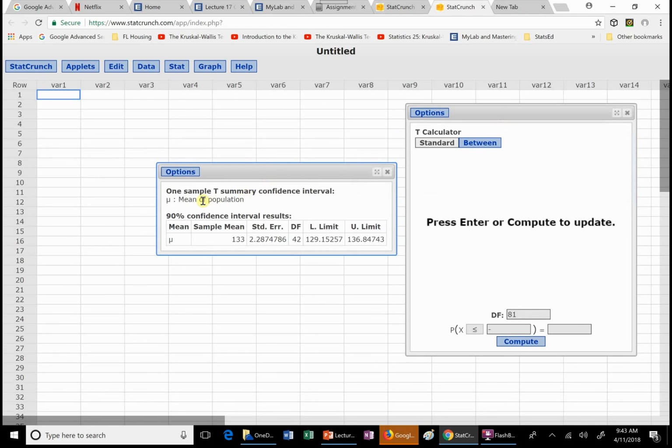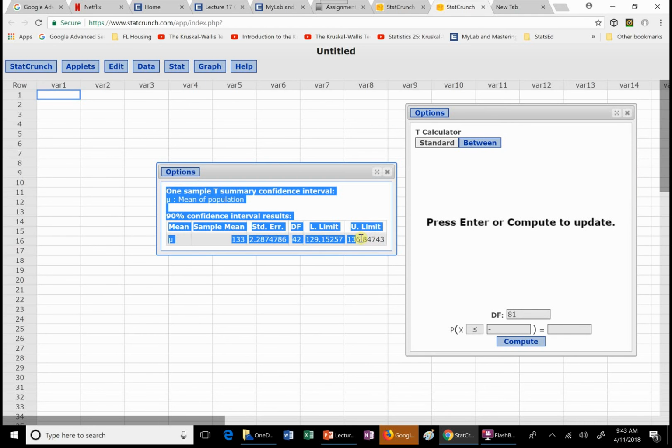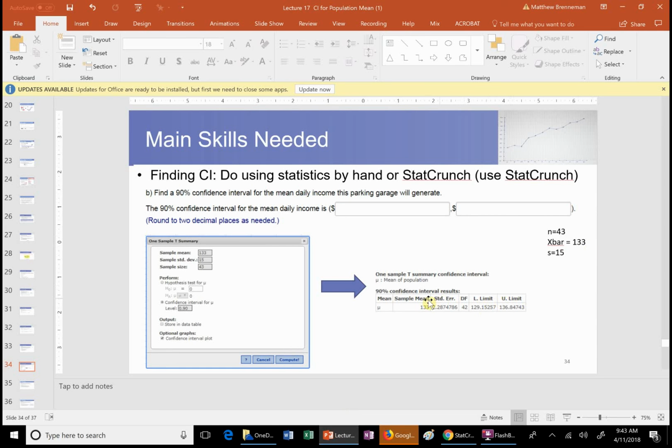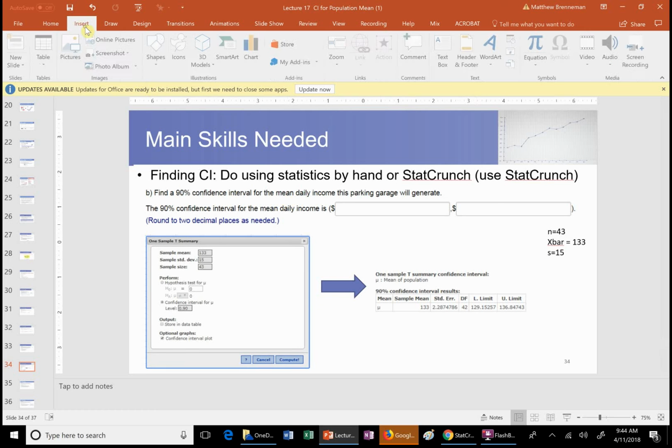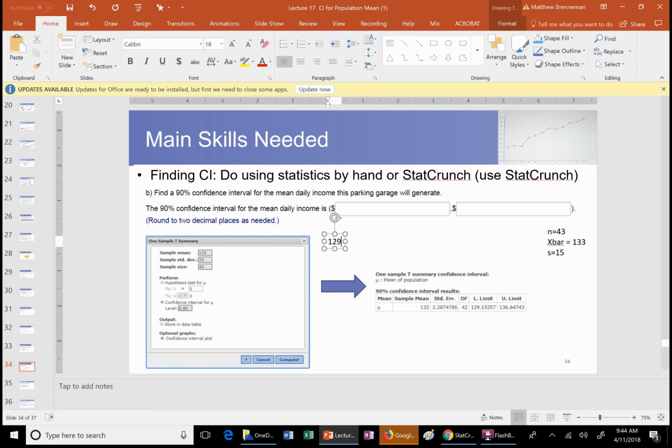And so now remember, we have to figure out how to read this, right? I'm just going to go ahead and paste this in. In fact, I've already done it down here. And so you can see that this is the lower limit. In other words, this is the lower endpoint, 129.15. I'm going to round that off to 2 decimal places. So the lower limit will be 129.15.